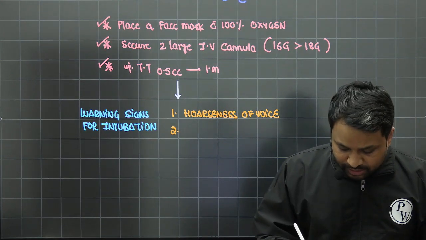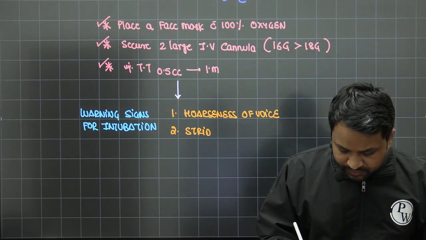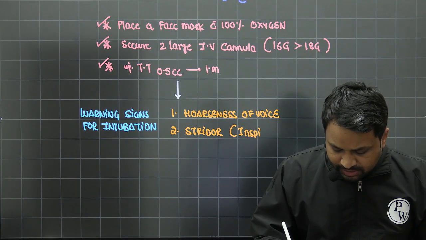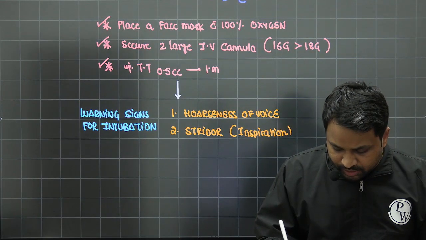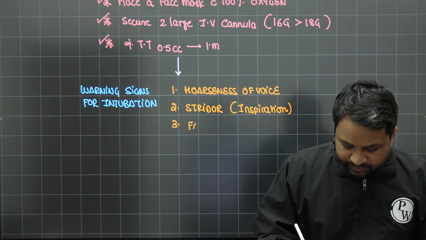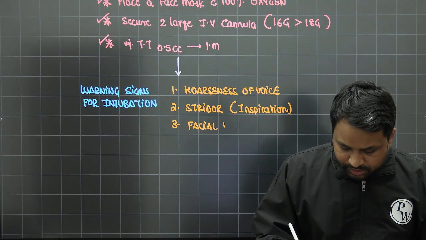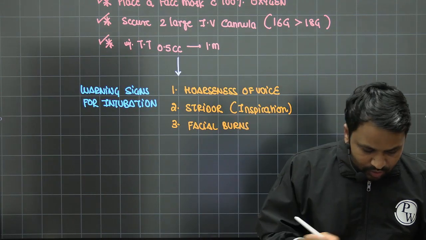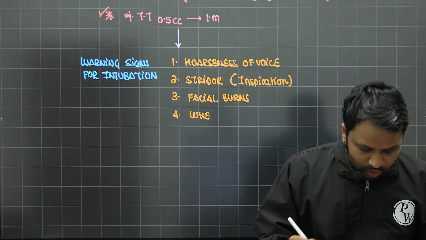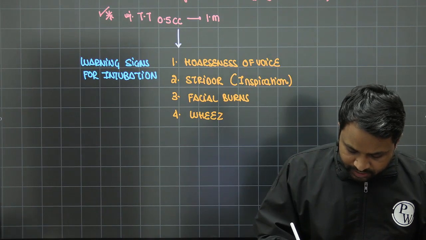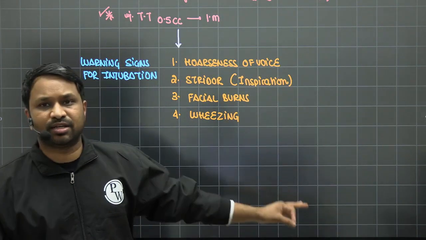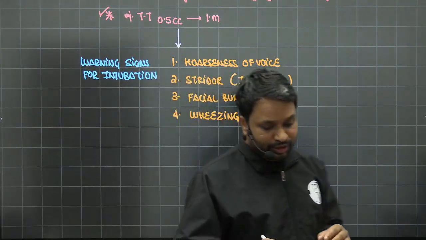If there is presence of stridor, specifically during inspiration, we call it inspiratory stridor. If there is evidence of facial burns, and if there is presence of severe wheezing on auscultation, if any of these signs are present, you have to intubate the patient immediately.